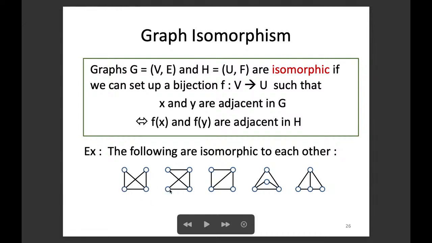One vertex is mapped to a distinct vertex in the other graph, such that whenever the original vertices, let's say x and y, are adjacent, then the mapped vertices, f(x) and f(y), are adjacent. Is that okay? So if you check carefully, although all these graphs here look rather different, they are actually isomorphic to each other.